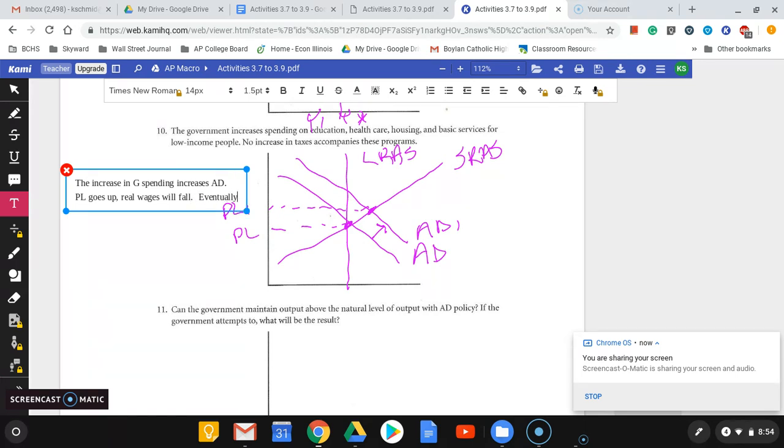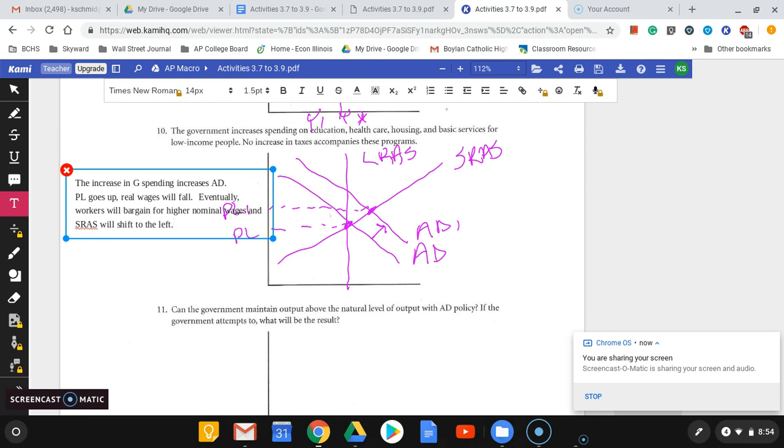And eventually, just like the number 8, workers will bargain for higher wages, and SRAS will shift to the left.